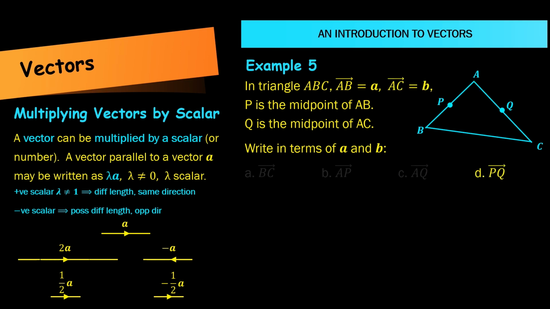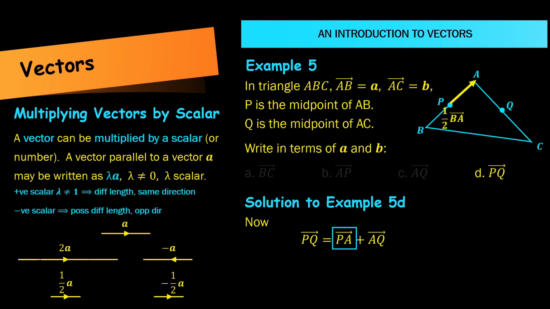And now for example 5d. Let's solve this. So vector PQ is equal to PA plus AQ. This in turn is equal to a half of BA plus a half of AC.